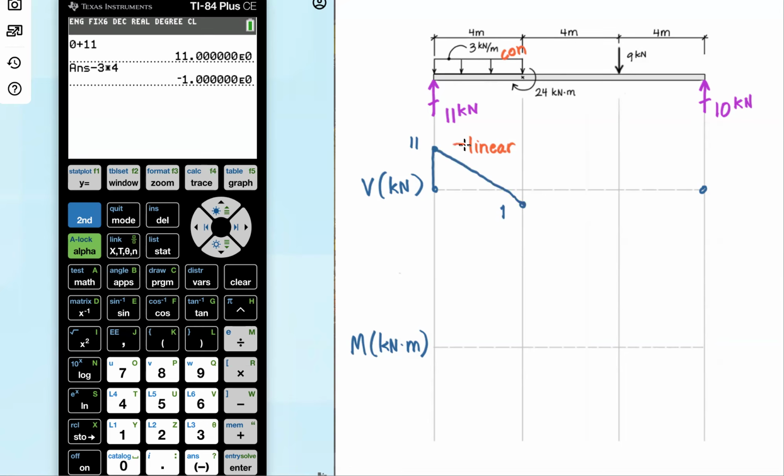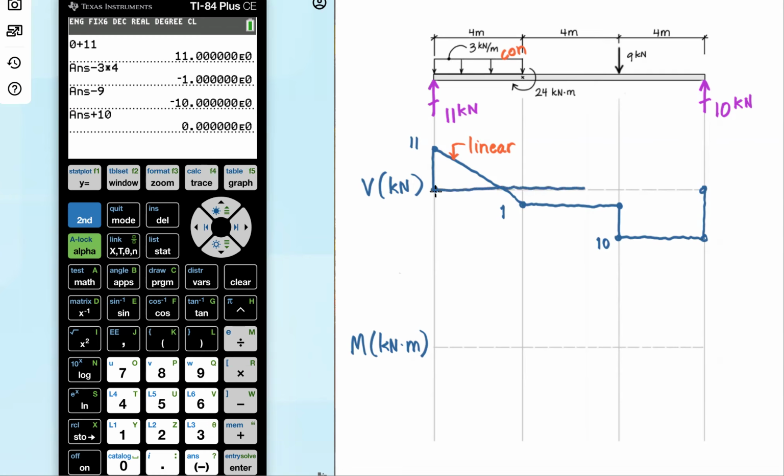Here it remains constant until I get to my next load. So I decrease by 9. Then when I get to the extreme end of the beam, I increase back by 10, and that gets me back to 0.